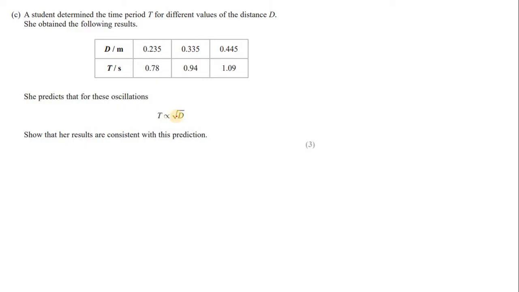Remember, if two quantities A and B are proportional, then the ratio between A and B, or A divided by B, must be constant. If this relation is valid, then A divided by B must be constant, and that's what we are going to check: whether the ratio between these pairs is constant. Then this prediction will be valid.